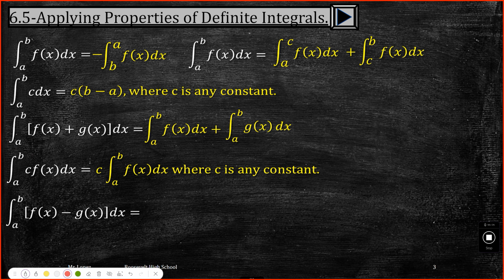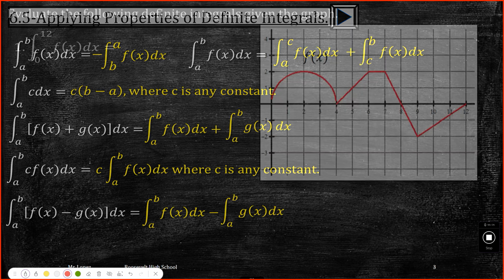I could have just done this one here, plus or minus. I could have put a minus. Same thing here. These seem very natural, like it makes sense that it would be.